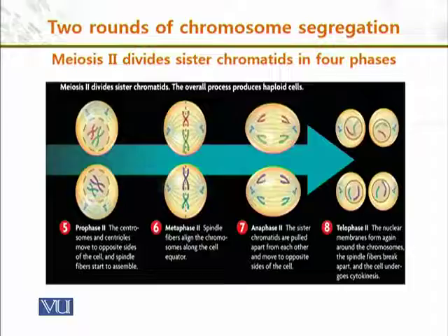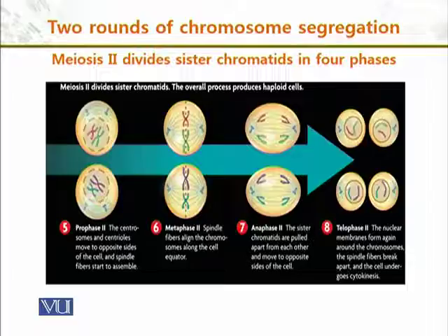Then in the metaphase 2, the spindle forms with these proteins, and the chromosomes line up. And further, in the anaphase 2, the sister chromatids are pulled apart from each other and go to the cell. And eventually, in the telophase, we get the 4 cells, the nuclear membranes form, and the 4 gametes are formed.